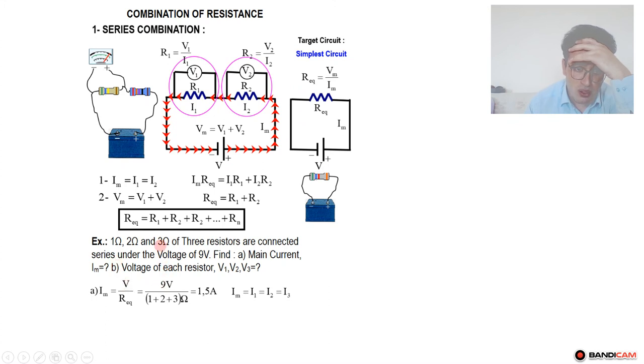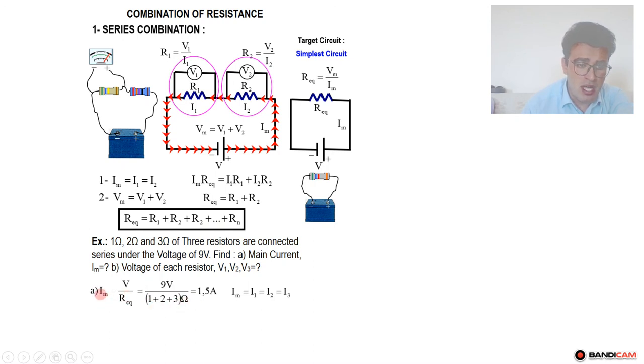Dear student, as you know, in a series circuit the current is the same for each of these three resistors, but for the resistance we will add them, we will take the summation.